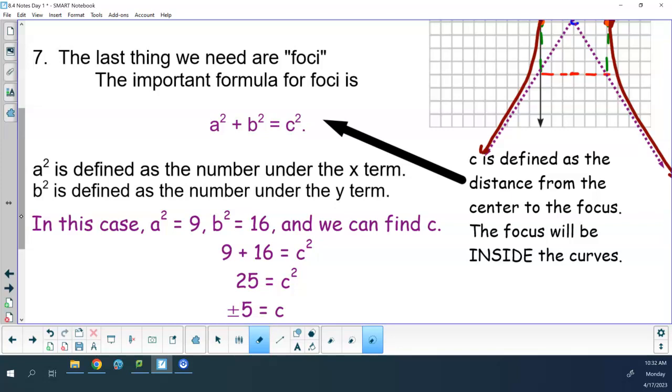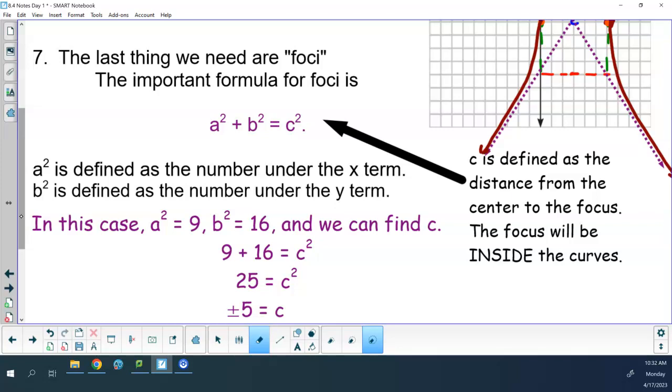What is it? A squared plus b squared equals c squared. It was in geometry. Pythagorean theorem. So you just have to use the Pythagorean theorem for the foci.